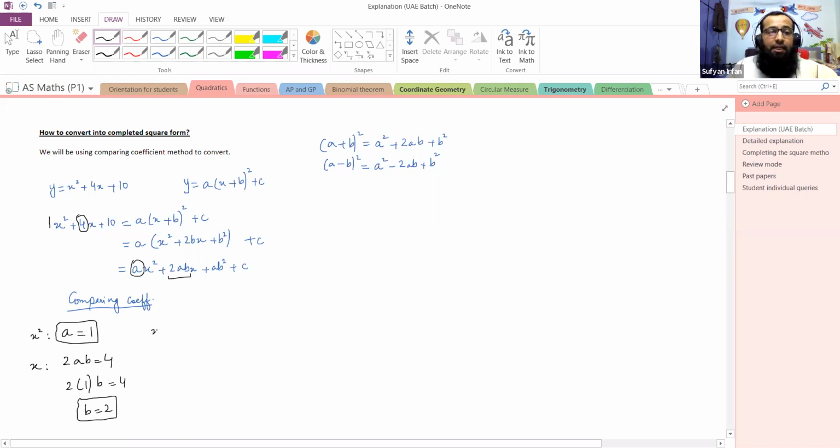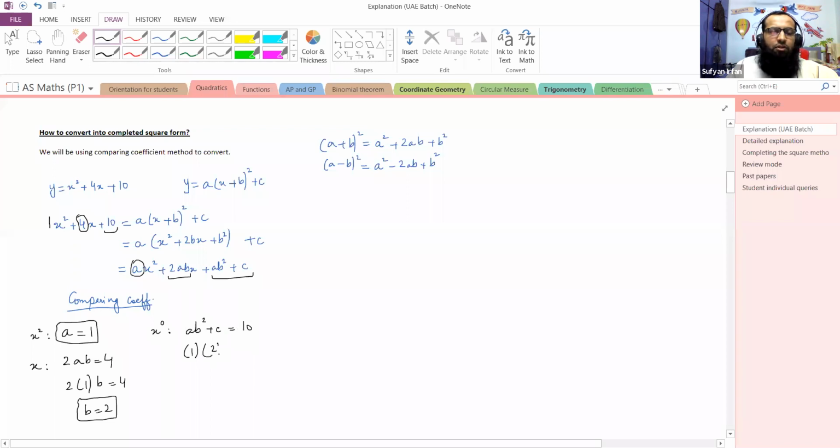Then comparing x power 0. What is the meaning of x power 0? The terms without x, in which we cannot see any x. So ab square plus c, and here we can see 10. We have the value of a as 1.